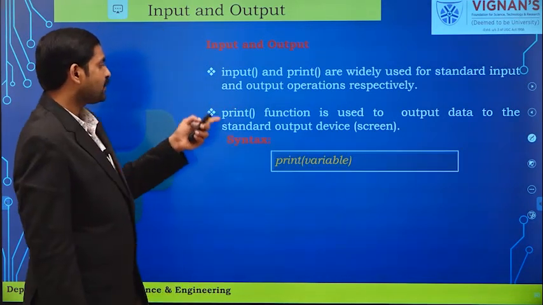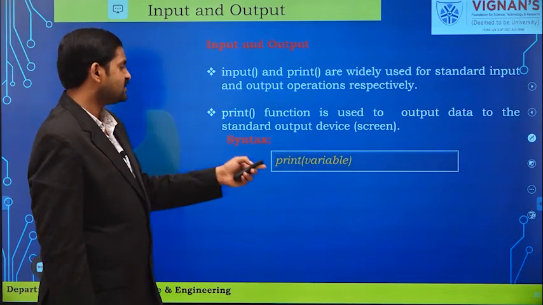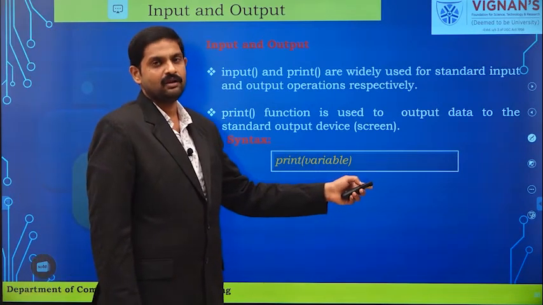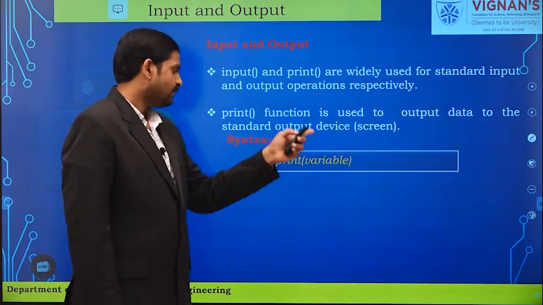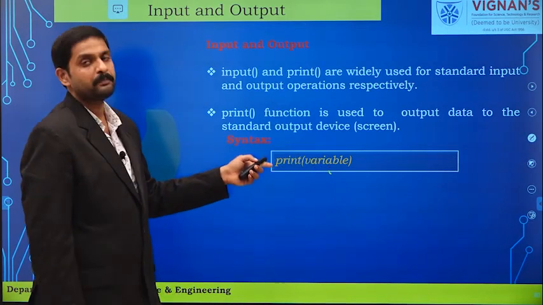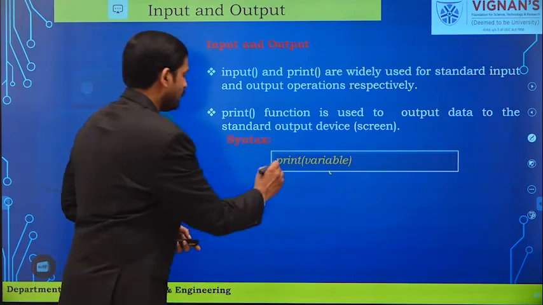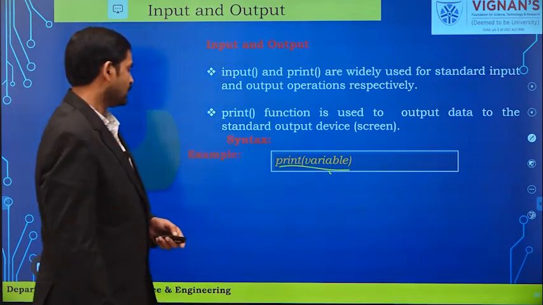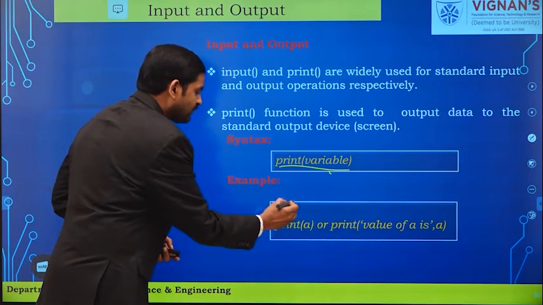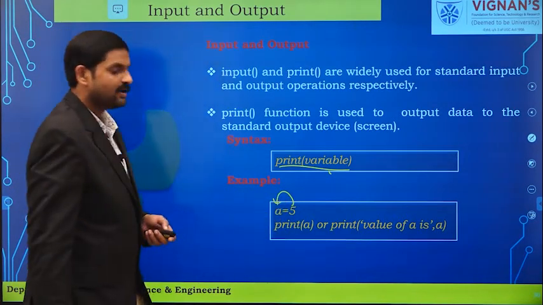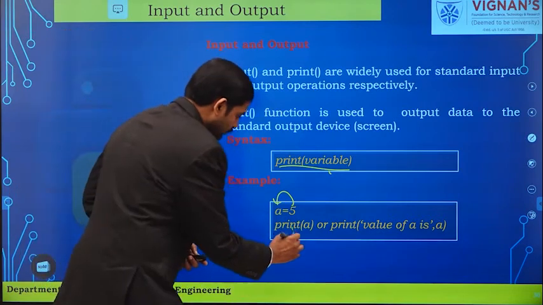The syntax for the output function is print of variable. Whatever variable you want to print should be passed to the function print. Print of variable. See the example. A equal to 5. 5 is assigned to the variable A. Print of A. What is the output?